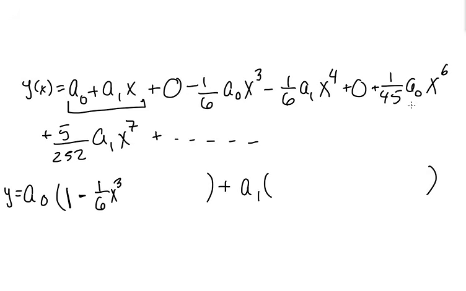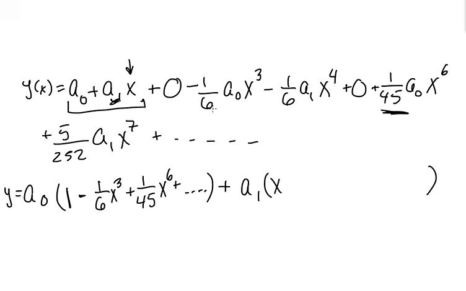What else has an a sub 0? This also has an a sub 0, so this is going to be plus 1 over 45, x to the 6th. Okay, and what else? Alright, now a sub 1. Well, this has an a sub 1, but it's next to an x, so we're going to put the x here.